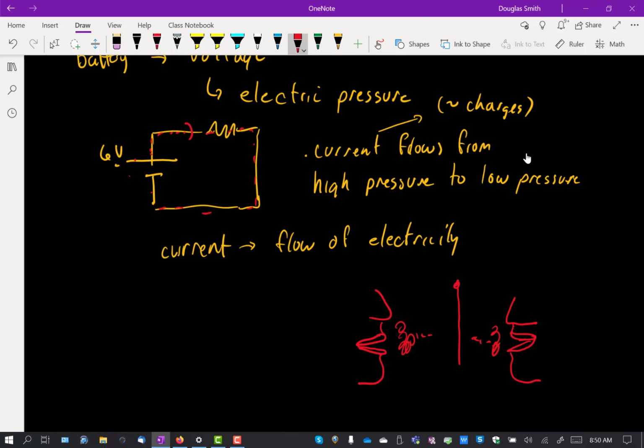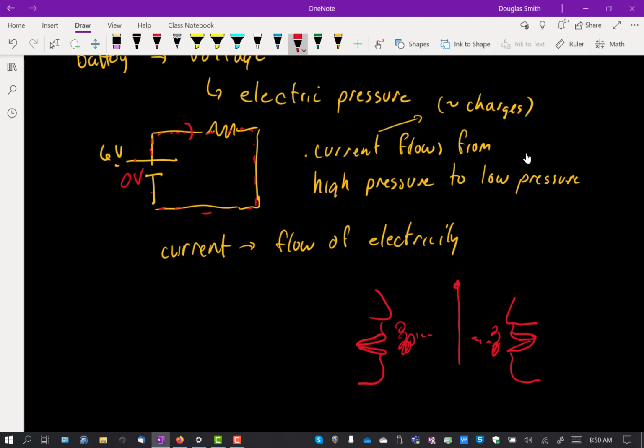So that's the idea of the things you need to make a circuit work: you need the voltage source, some sort of device, say a resistor or a light bulb, and a continuous loop of conductors.